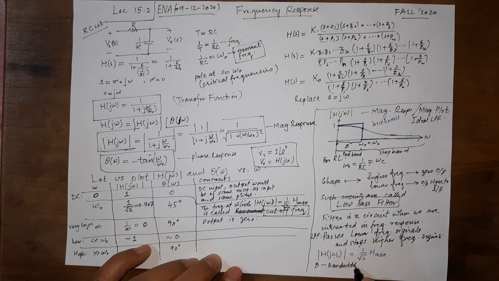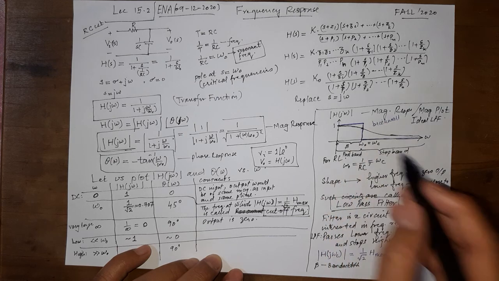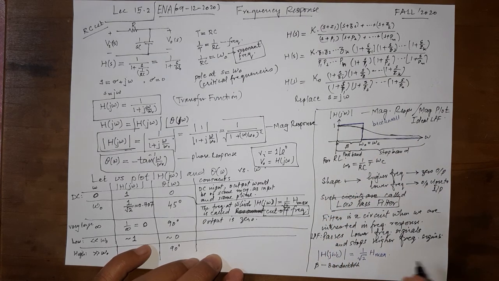You might have heard this term when discussing the internet connection and mobile channels, for example, or communication channels. So this bandwidth is basically that band of frequencies that the low pass filter passes.